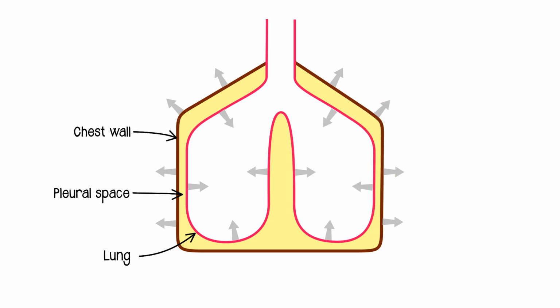Now, if you think about all of this happening at the same time, the lungs are tending to collapse and get smaller, the chest wall is tending to expand and get bigger, and there's the pleural fluid in between, and that can't expand or contract, it has to remain the same volume. What you're left with is an equilibrium. The pleural fluid attains a pressure value of around -5 centimetres of water.